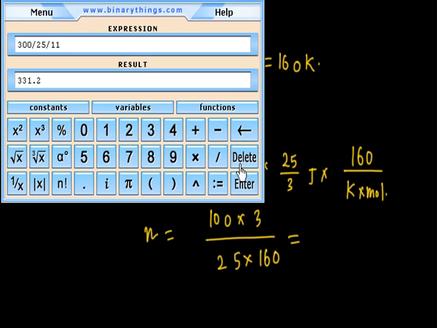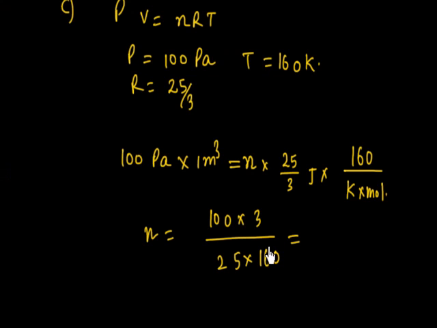I can plug here a small bracket and then multiply by 160. So this value comes out to be 0.075. So the number of moles is 0.075 mole.